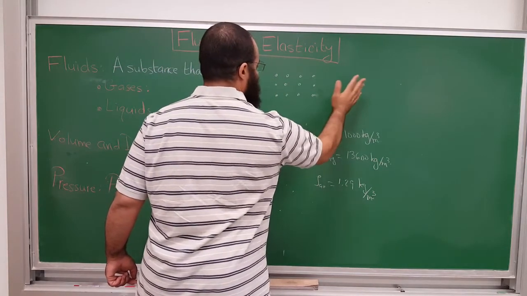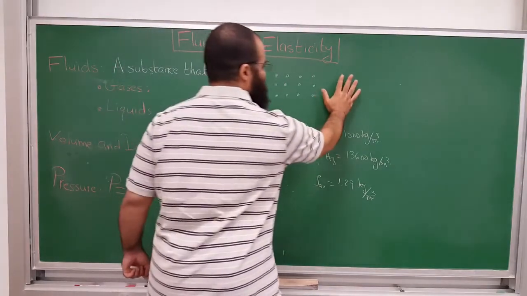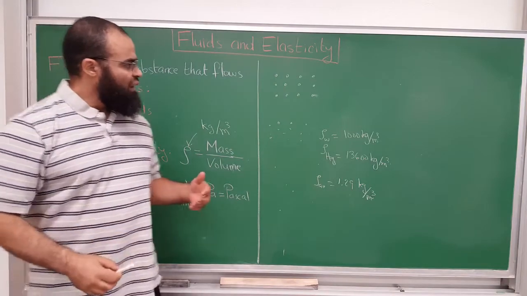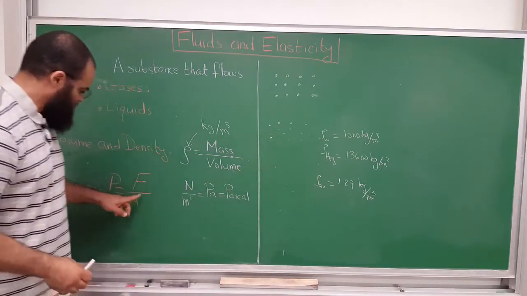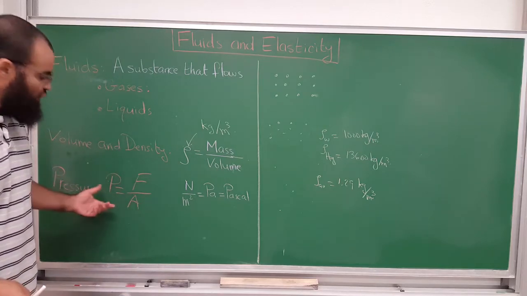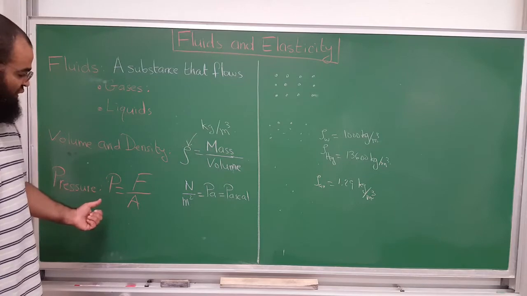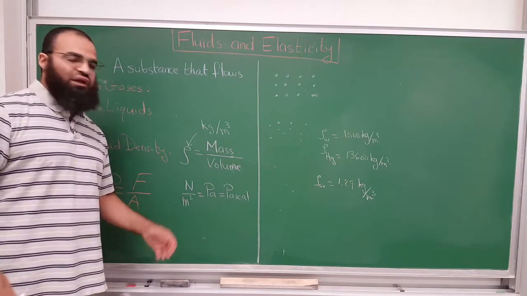But here, 1 Newton is spread over a little area, whereas here it's 1 Newton but spread over a larger area. And so when you spread the force over a tiny area, you get force divided by a tiny area, you get a large pressure. On the other hand, if you spread the force over a large area, then you will get a small pressure.